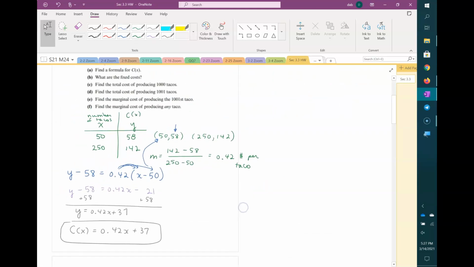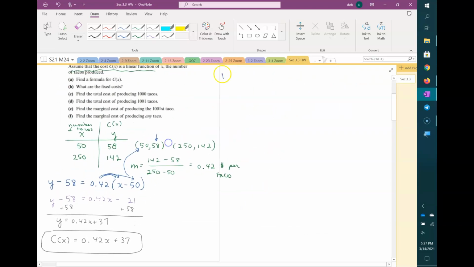So let me come over here where we can still see the problem. What are the fixed costs? Well, C of 0 is going to be your fixed costs, always, no matter what your cost function looks like. And that's going to be $37. So your fixed costs are $37.